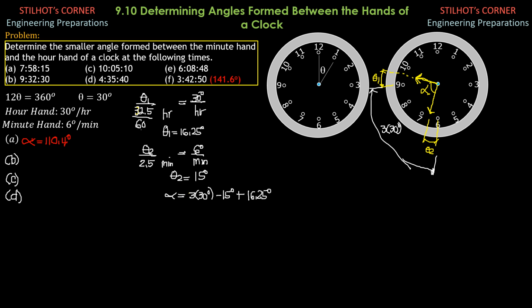So I'll put the answer here. Alpha equals 90 minus 15 plus 16.25, which is 91.25 degrees. So next, I'll erase this. Let's proceed to part C.